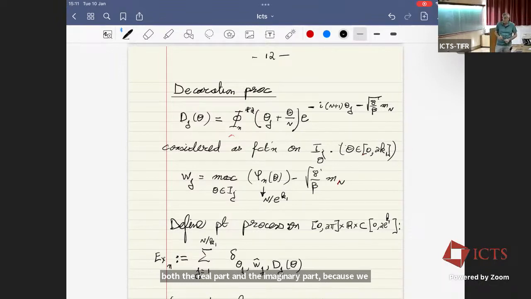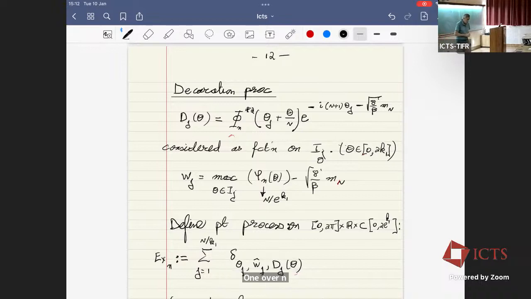Because of that, we have to keep track of a certain decoration, and the decoration is just what happened. We divide the interval 0 to pi into small intervals, which are, maybe I should draw it here. We are dividing this interval into small intervals, which are roughly 2k1 over n.